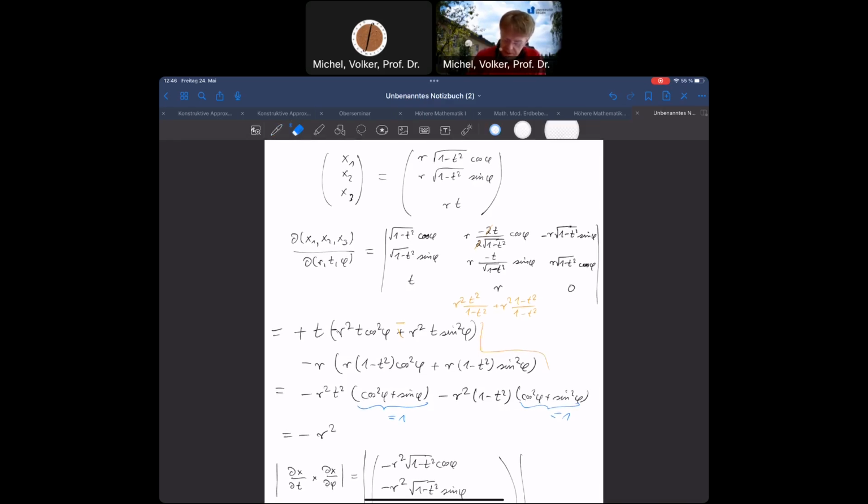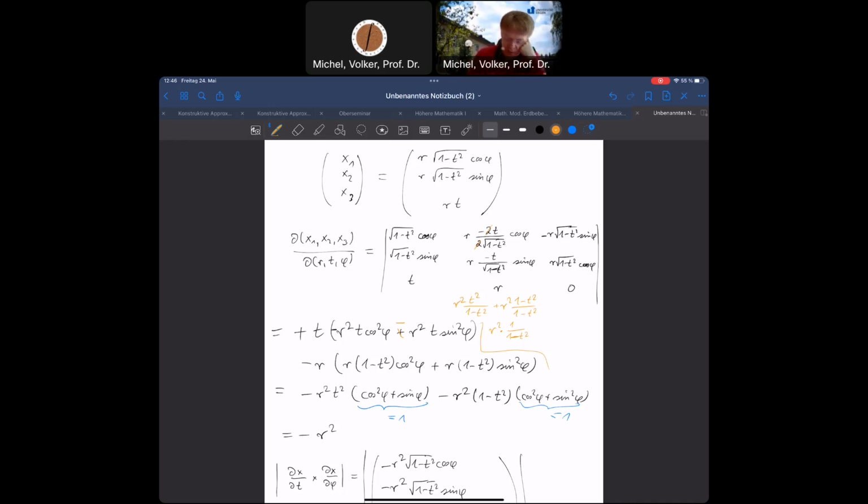If you sum it up, you will see that it's simply r squared times 1 over 1 minus t squared, because r squared t squared minus r squared t squared is what you get here. So the norm of the vector would be r over the square root of 1 minus t squared.